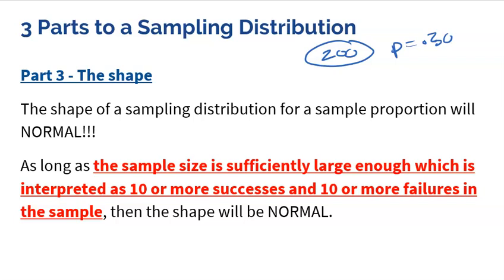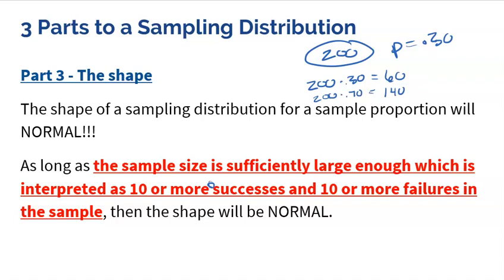So that's easy to figure out, right? If we take 200 times 30%, you should expect 60 red Skittles. Hey, that's more than 10. And if you take 200 times 70%, you get 140, which, hey, that's more than 10 non-red Skittles.